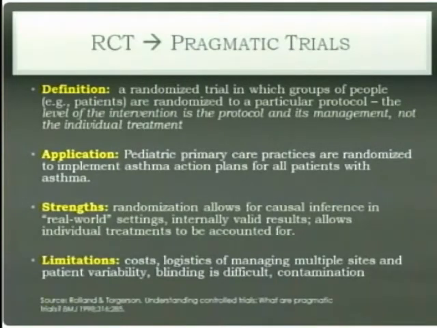So you worry about fidelity too and bias, because there could be provider bias because the provider knows which group the child is in, right? So if you randomize it at the provider level, then one strength is you don't have to worry about that. But you could worry about the individual attributes of children, right? So you may not have gotten your randomization completely right in that sense. But nothing's perfect, right? So you have to weigh those.